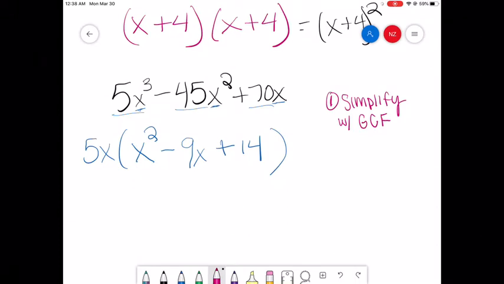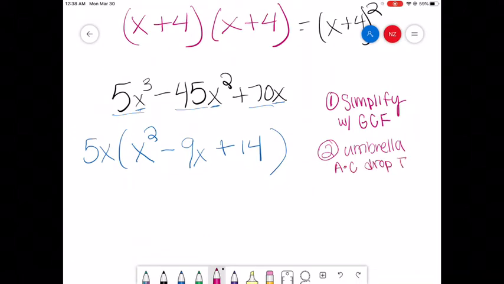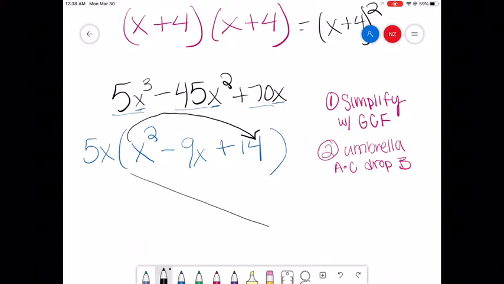Now after you've tried to simplify and divide something out, now you want to use the umbrella method. A times C, drop B. Okay? So when I do that, I'm going to multiply just A times C. This 5x in front, I'm not worried about it. It's going to drop down with it, but like I said, I'm not worried about it right now.